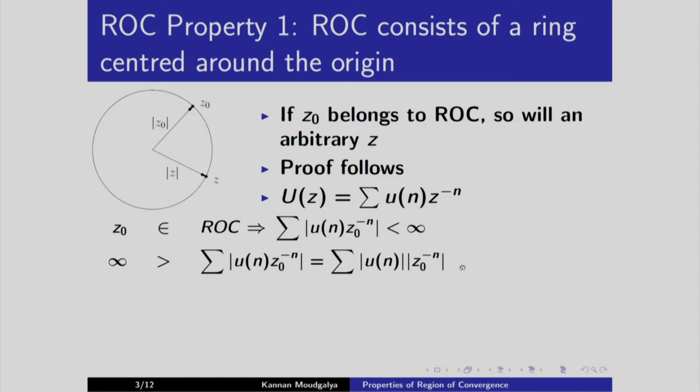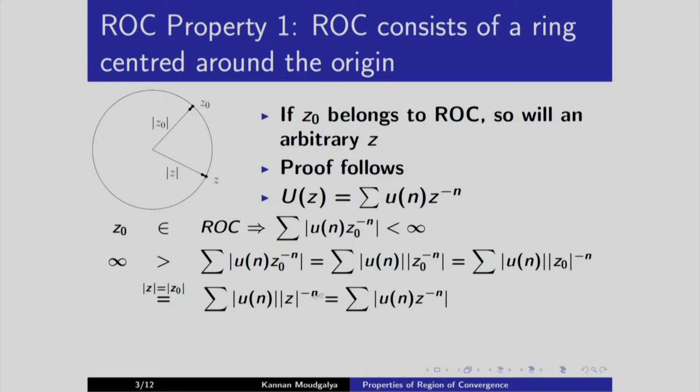I will write it like this, where I have taken a Z0 term separately, and then I will take this power outside. Now I will consider all Z such that their magnitude equals the magnitude of Z0. I will replace with this. So in the place of Z0 I have put Z, and I take this minus n inside.